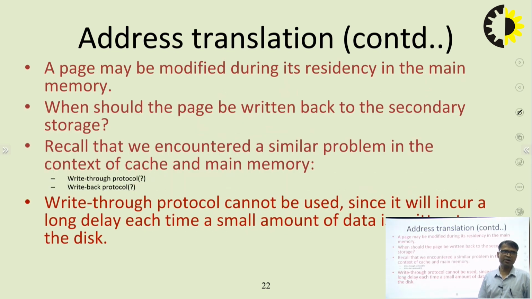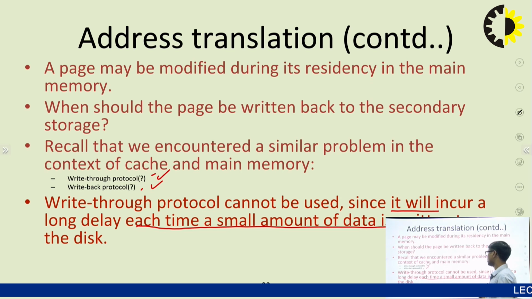A page may be modified during its residency in the main memory. When should the page be written back to the secondary storage? Recall that we encountered a similar problem in the context of cache. So write-through and write-back protocols are required. Write through means immediate; write back means it will wait till the next cycle. The write-through protocol cannot be used since it will incur a long delay each time a small amount of data is written to the disk.